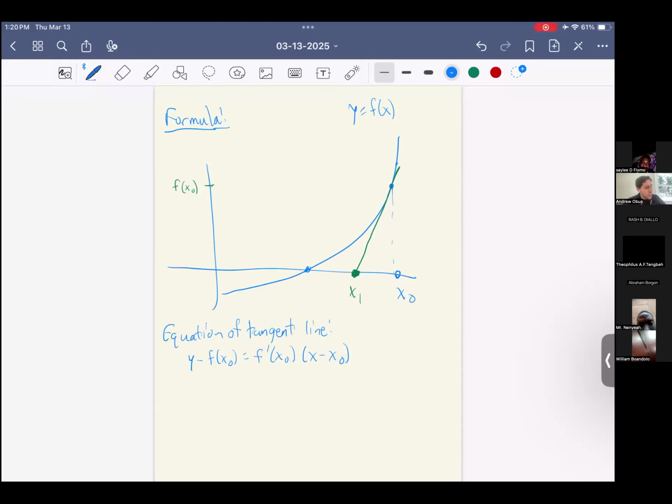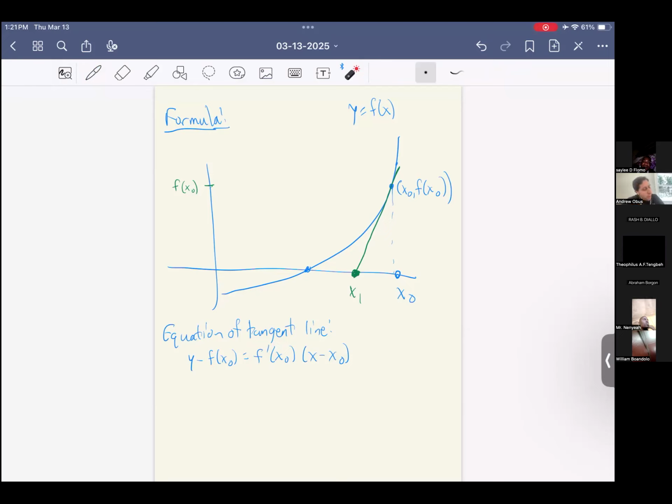This is the equation of the tangent line in point slope form, because we have a point which is x0 comma f of x0, and we have the slope, which is f prime of x0. So this is the equation of the tangent line.